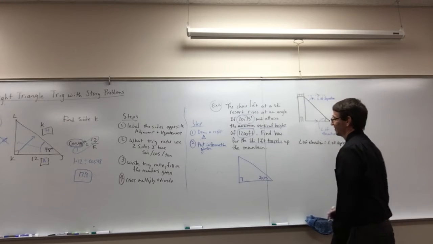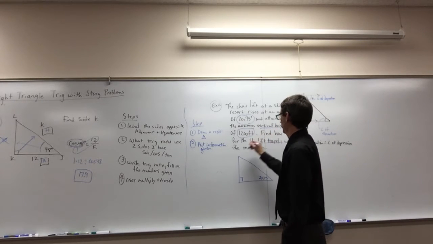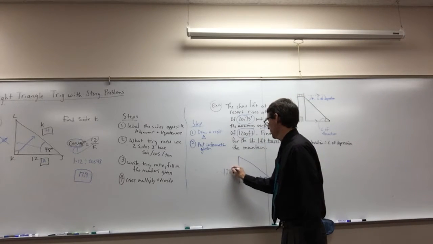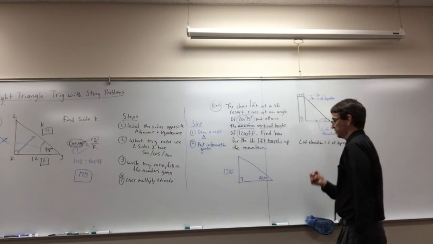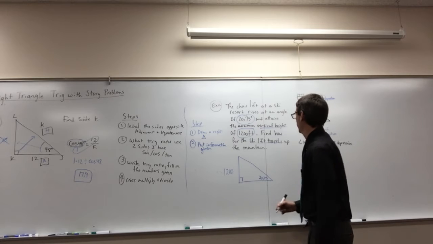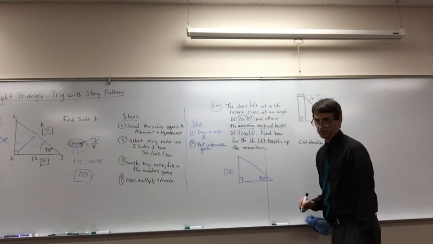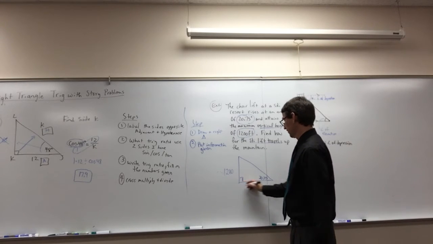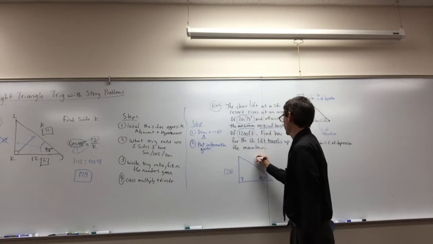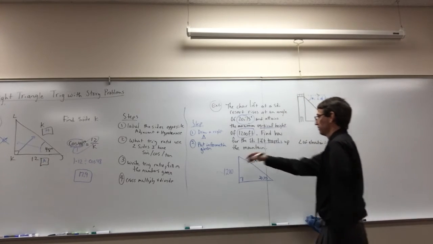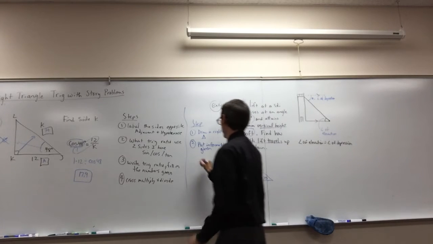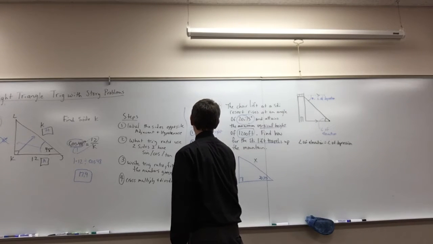The vertical side of the triangle, because it says it's vertical height, goes here. And then I need to think about which direction would make sense for the variable, because we're traveling up the mountain. Well, if you think about it, you don't travel up a mountain here, so this is where our variable has to go.